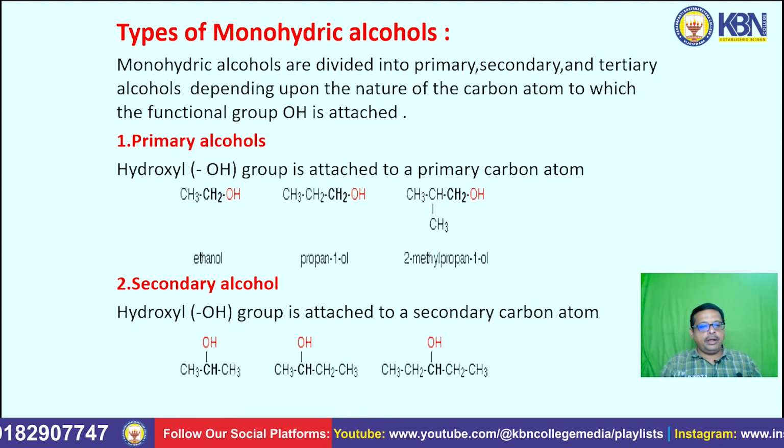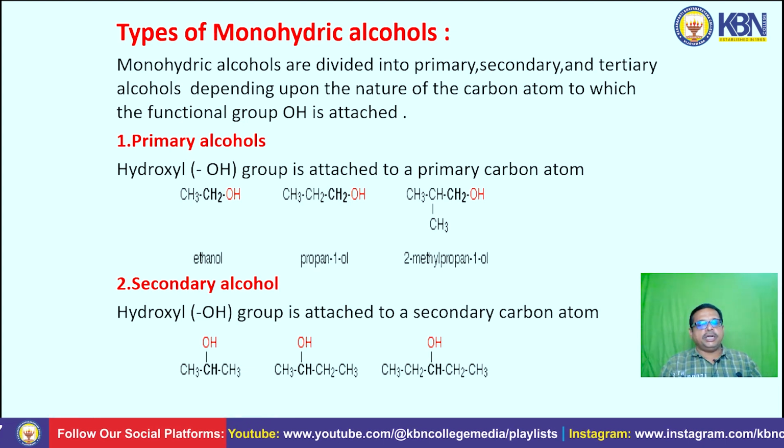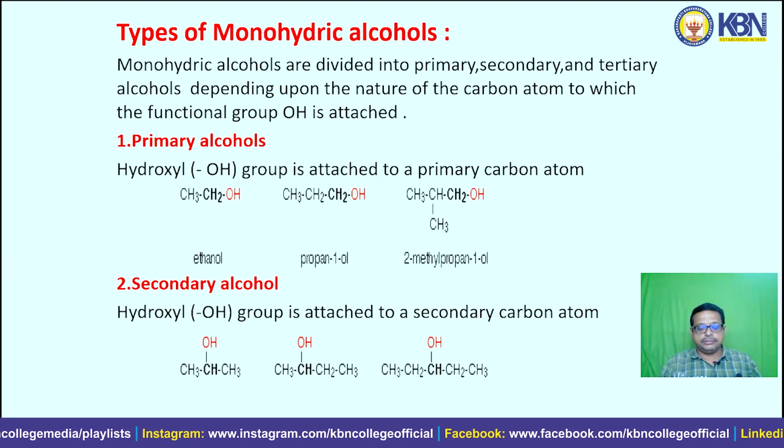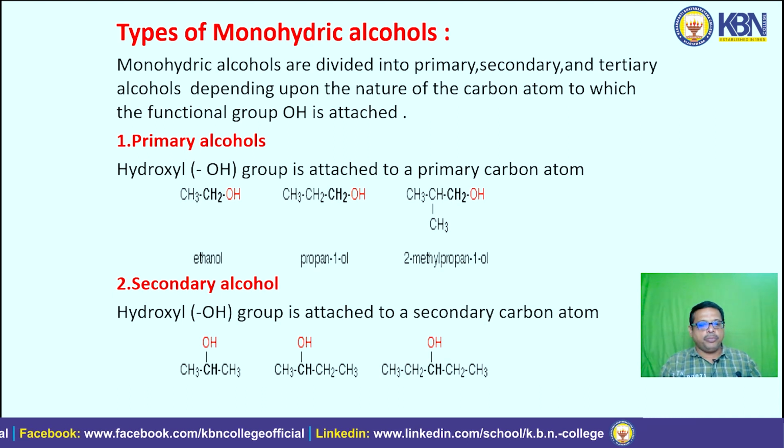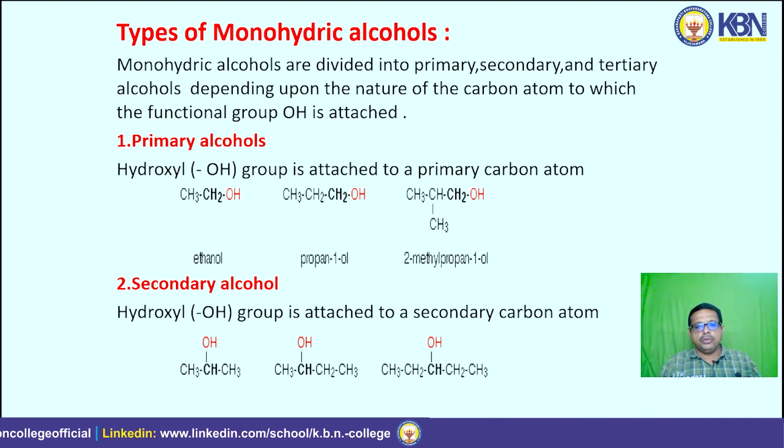Coming to the next alcohol, that is secondary alcohol, if the OH group is attached to a secondary carbon atom, such kinds of alcohols are said to be secondary alcohols. So in the given examples, the OH groups are linked to secondary carbon atoms.